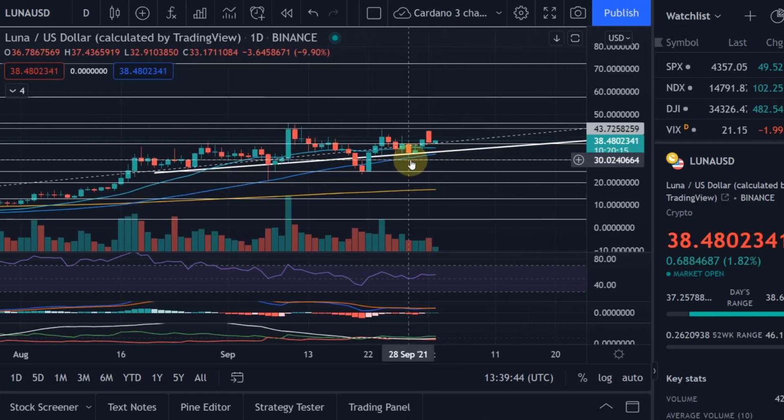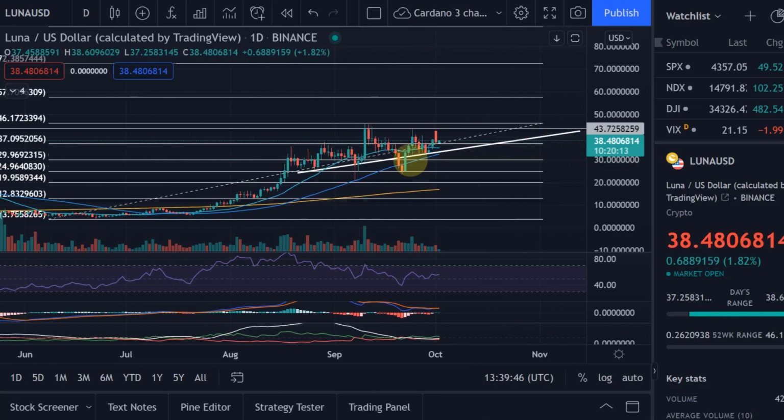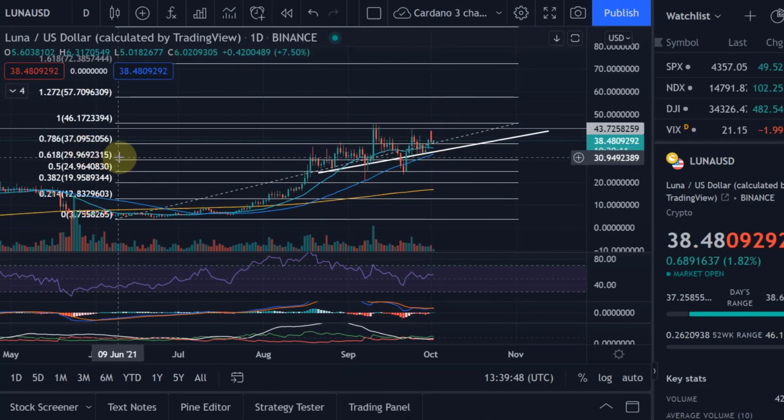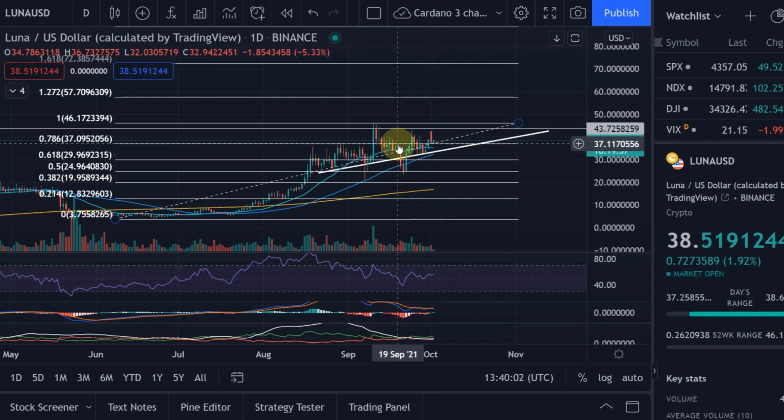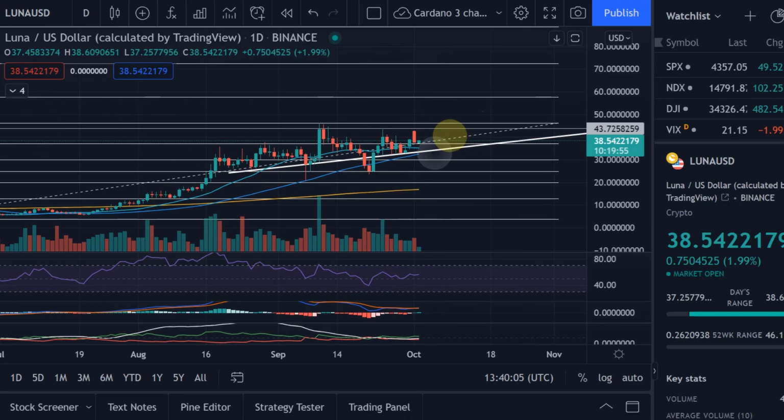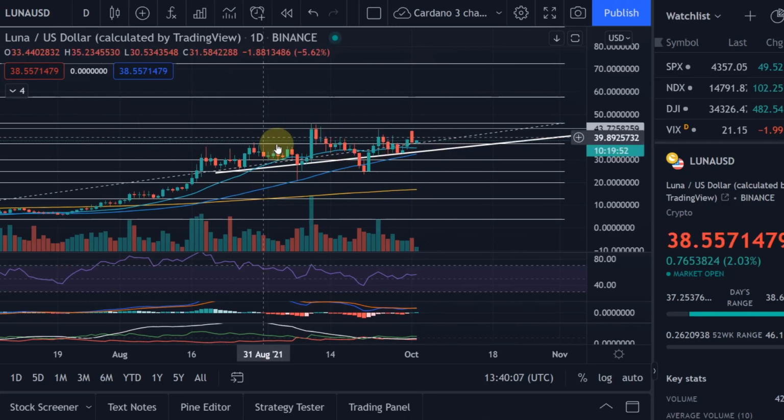We didn't come down to that Fibonacci retracement level at $30, which is the 0.382 Fibonacci retracement level. And currently, we've made then a new high. It's a little bit of a lower high again, unfortunately, but also a higher low. And we're currently trading above the 0.214 Fibonacci retracement level at $37. So we're climbing the ladder up and getting support at these Fibonacci levels.